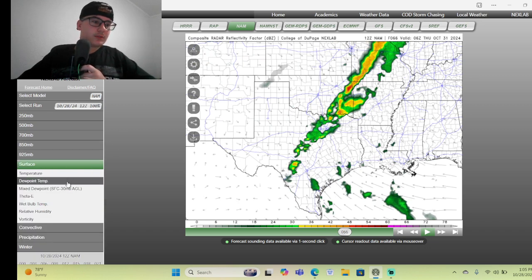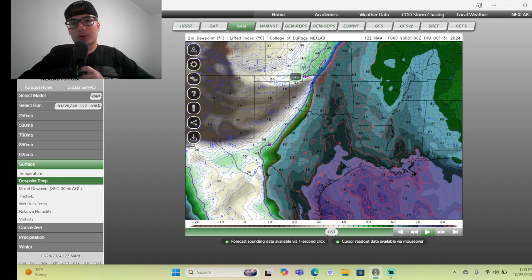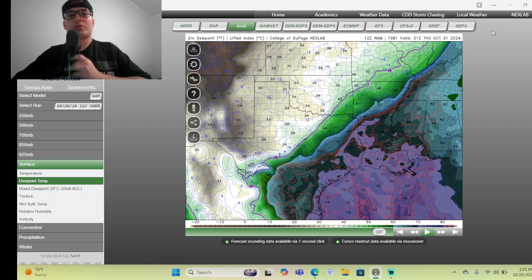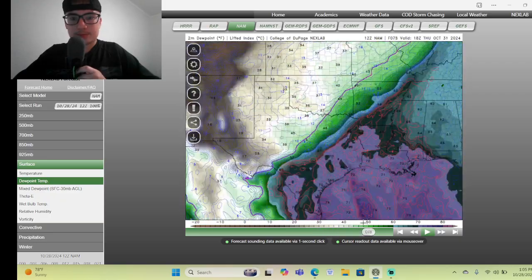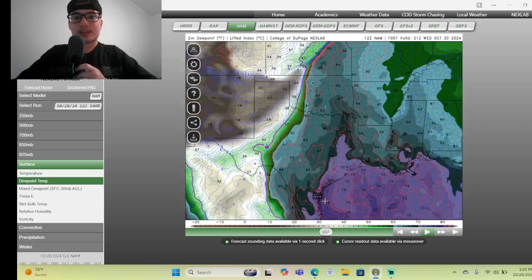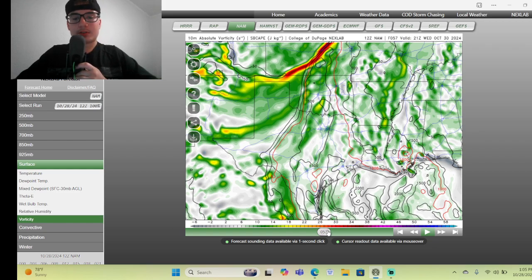You can see this on the surface dew points, a really big cold front right here, pushing all that moisture from north to south. And dew points in the low 70s, high 60s, and even in some places the mid 70s, which is very interesting for this time of year especially.